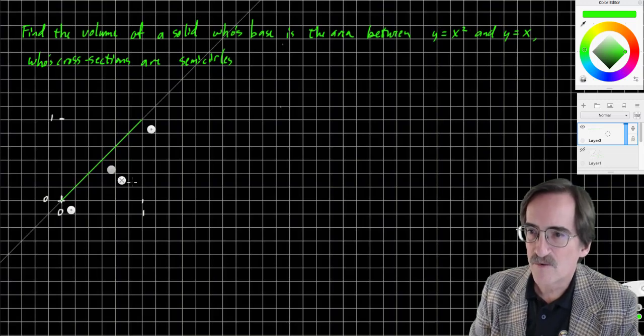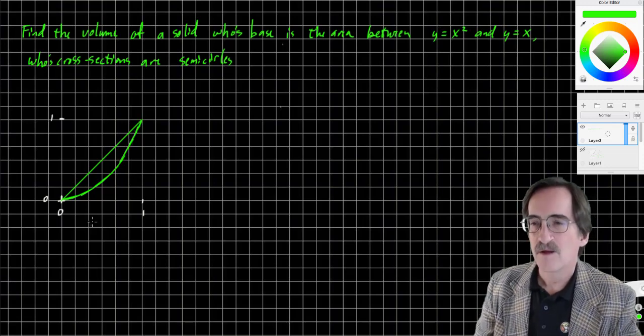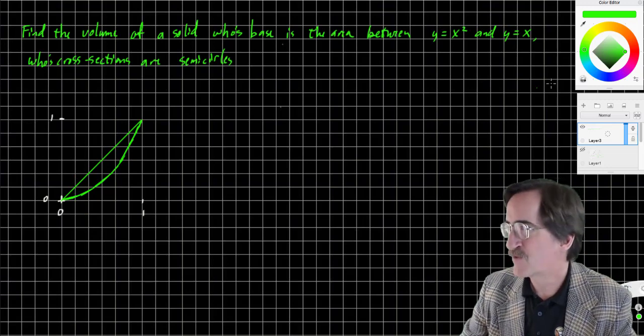Y equals x squared goes through 0, 0 and 1, 1, but it is curved, kind of like so. So there's the base.